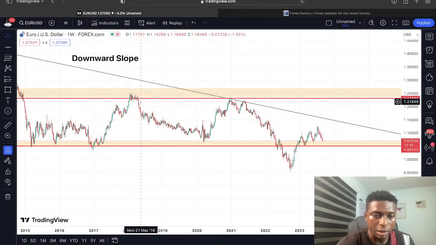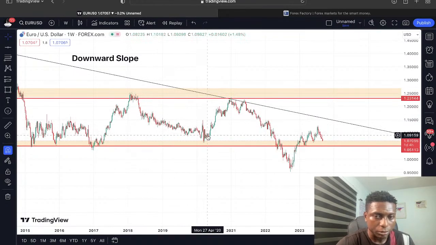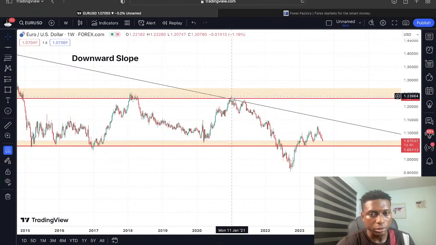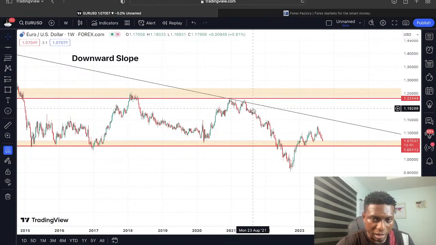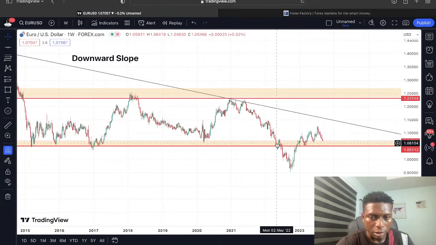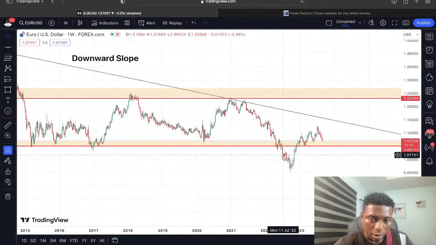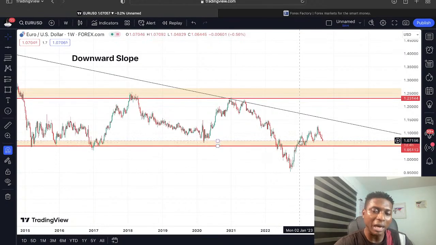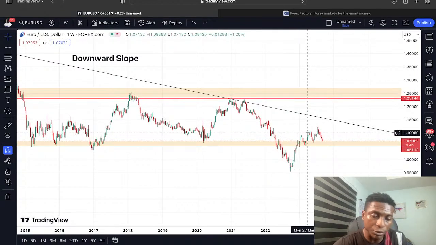Price rallied again, went up again, then came down again onto this level. Then price finally experienced a breakout from the support zone here. Then price went back through, and the resistance zone now became a support zone. We can see that the support level has been holding for a while now.